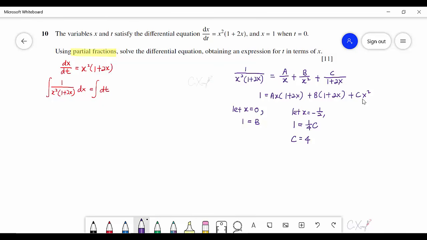All right, so you got b already, you got c. Now you want to try to get a. Since just now you used 0 and negative half, for the third value of x you can use any value that you never used. To make the calculation easier, I will put it as 1. So the left-hand side is still a 1, not affected.